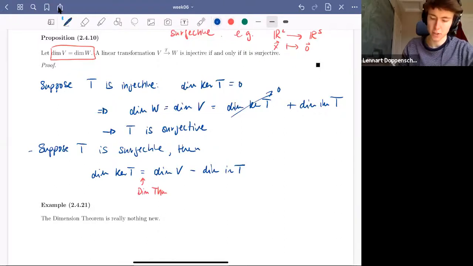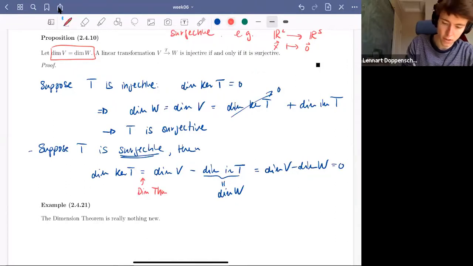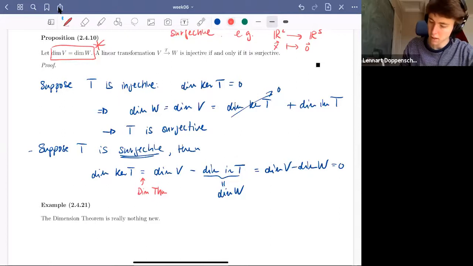But by surjectivity, which we assume in the second and the converse direction that we want to prove, this is exactly the dimension of W. So this is the dimension of V minus the dimension of W, and this is 0 by assumption. I could give this assumption a star and put a star wherever I use this.